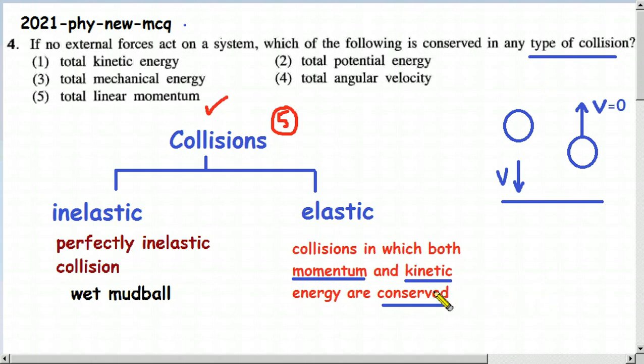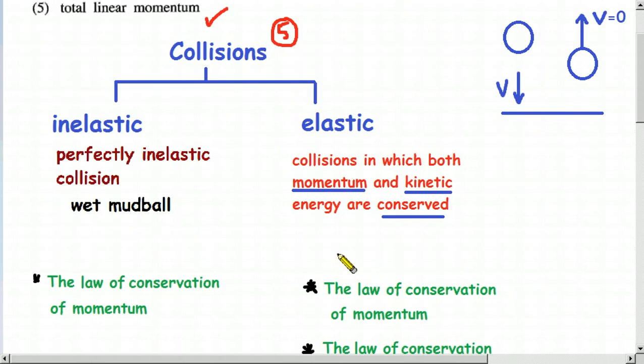An example for elastic collisions is the collision between two billiard balls. That is the example they have given to us, which is totally elastic.